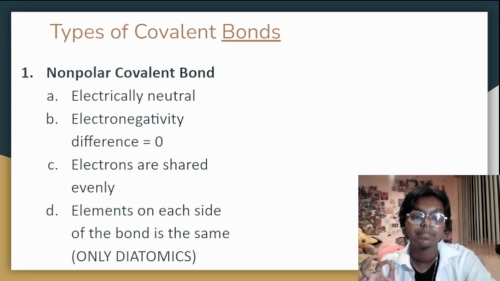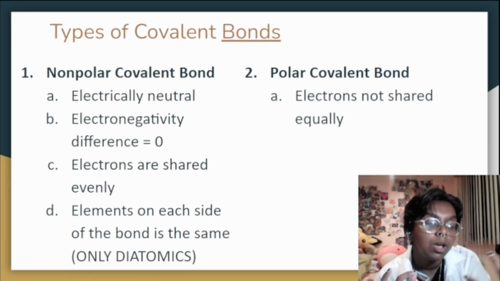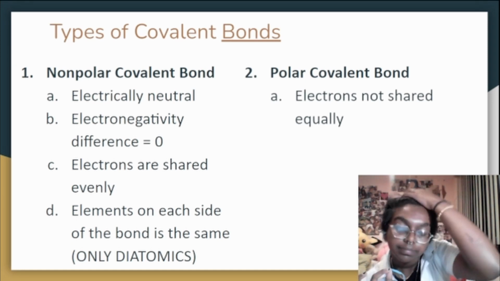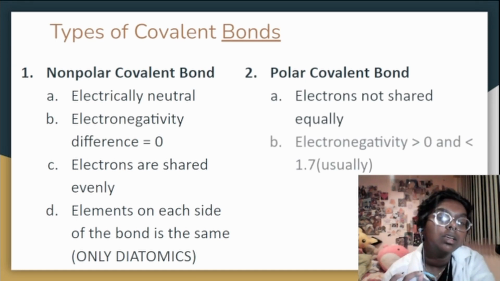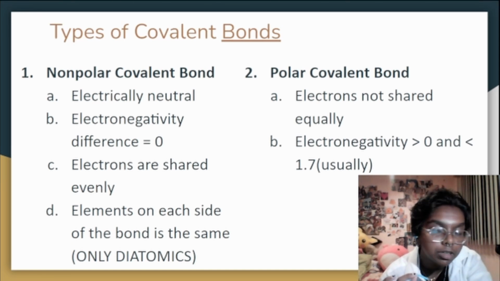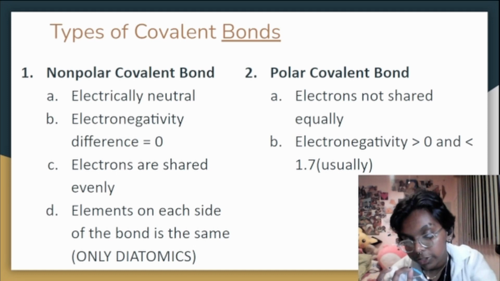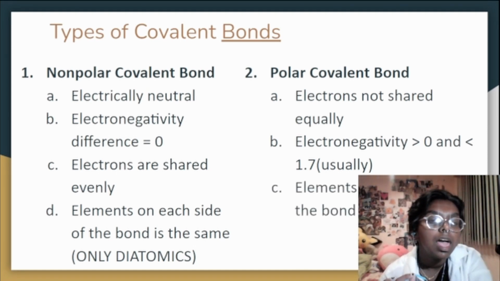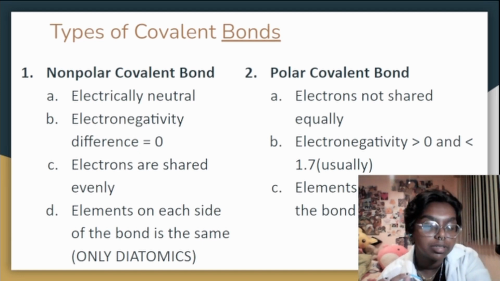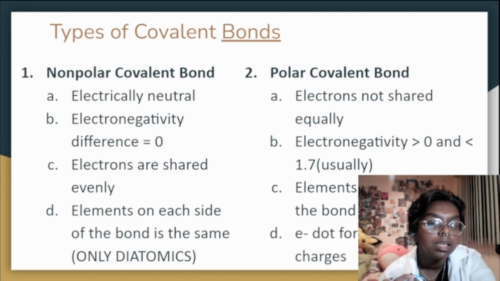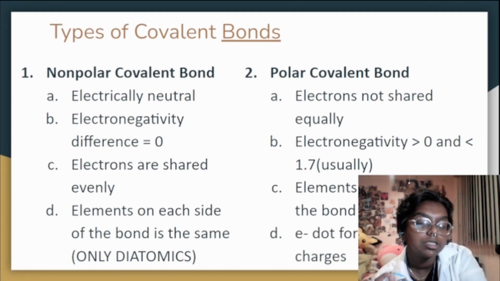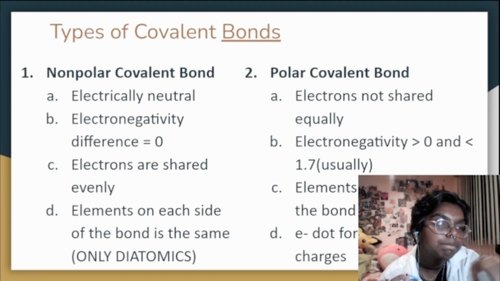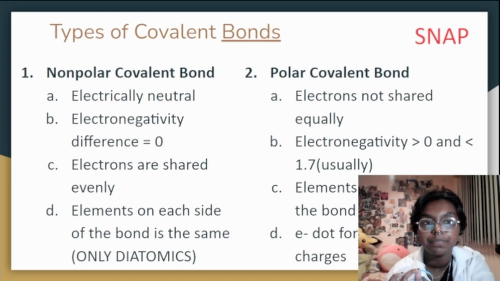And then you have a polar covalent bond, where the electrons are not shared equally. Usually the electronegativity difference is greater than 0 and less than 1.7. That's the general rule. The elements on each side of the bond are different, and the electron dot formula can show the electrons not being shared equally.